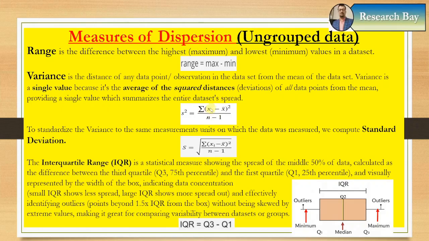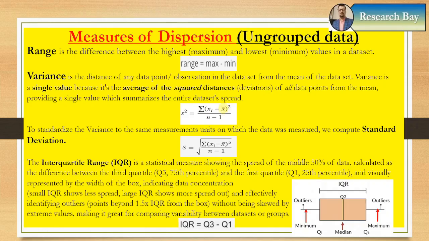So you see here, xi is the data point, say 4 marks, minus the mean, the cumulative mean of all the scores, which I told you earlier how to calculate when we were doing measures of centrality, right?